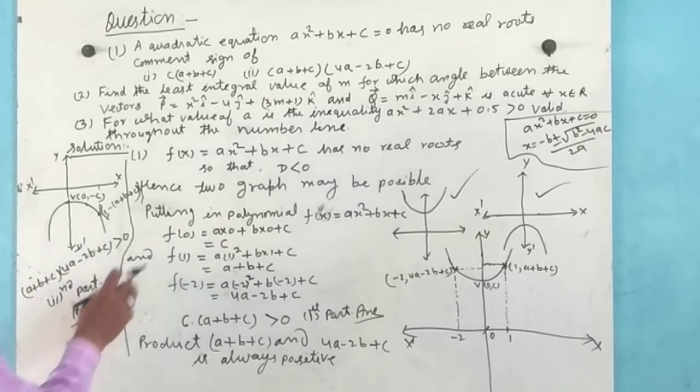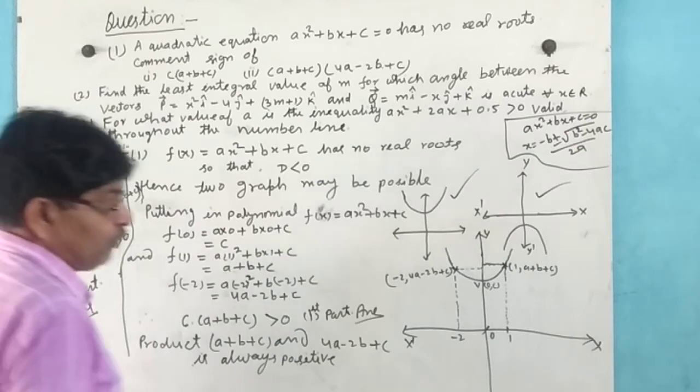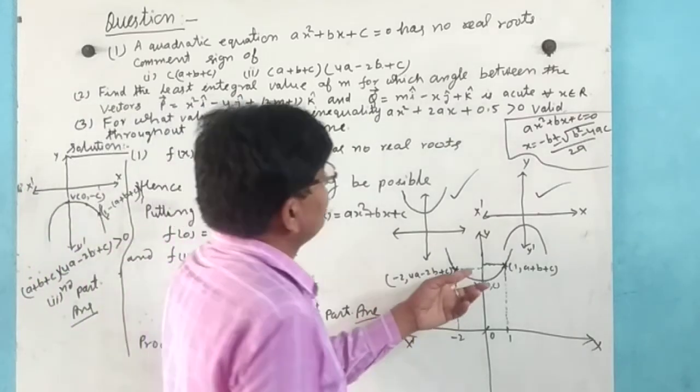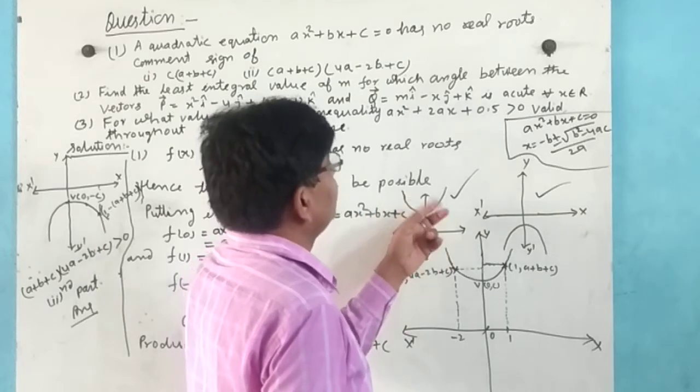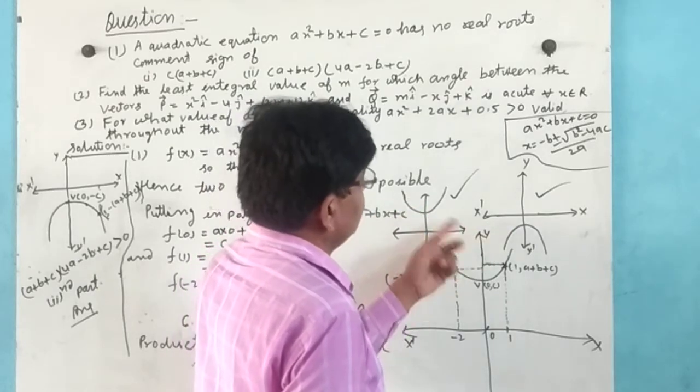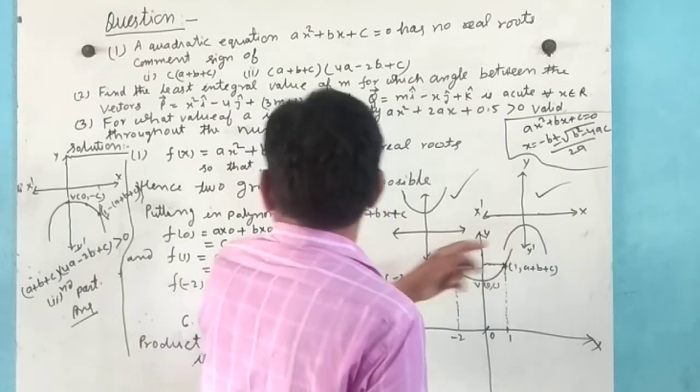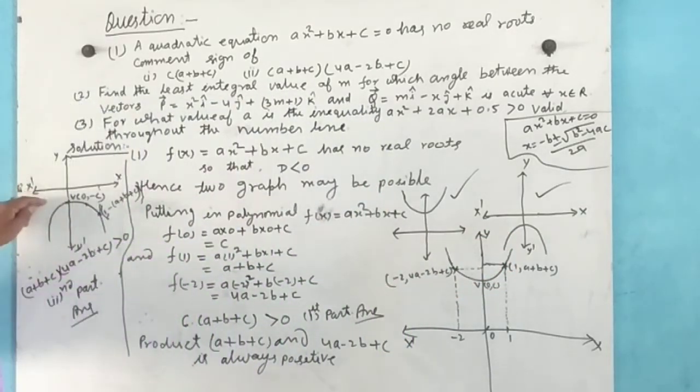Second part proved. Similarly, if we take the other case, here two types of parabola are possible, this and this, and in this case also we check this coordinate.